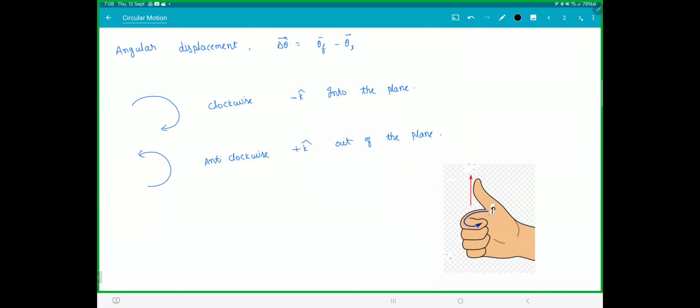This is your rotation, and the thumb gives you the direction. This is a pseudo vector, meaning it is not the real direction. We have done this in detail.